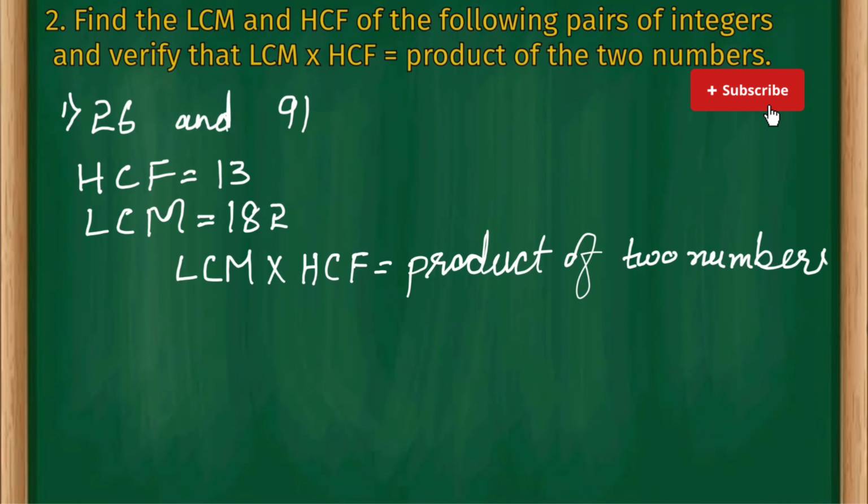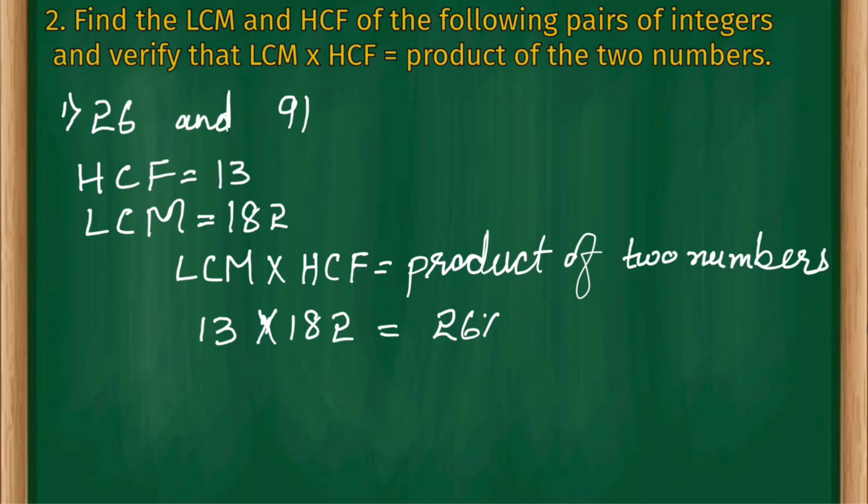In the left hand side, we will multiply LCM, that is 182, into HCF 13, is equal to, in the right hand side, we will multiply the two numbers 26 into 91. We have to get both the answers same.